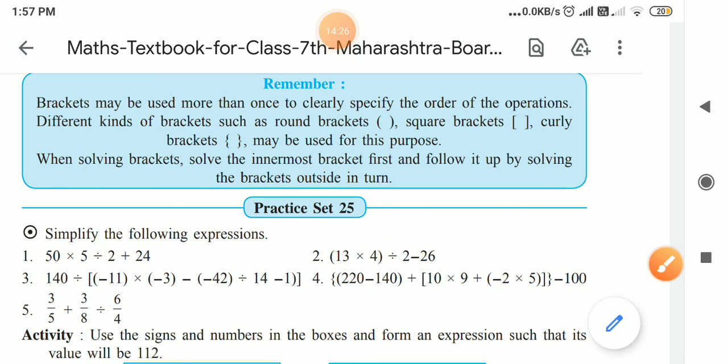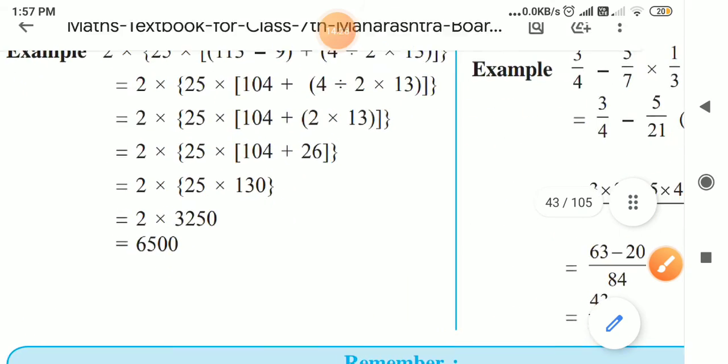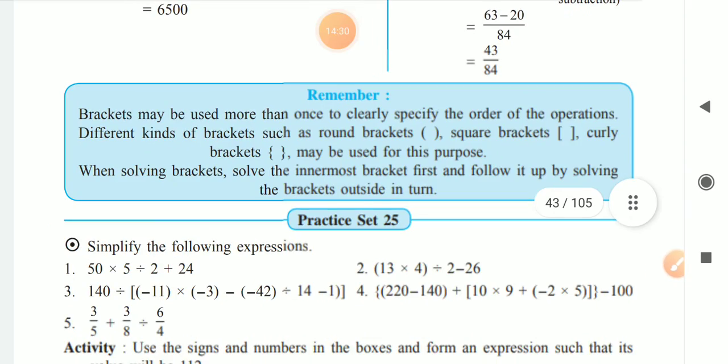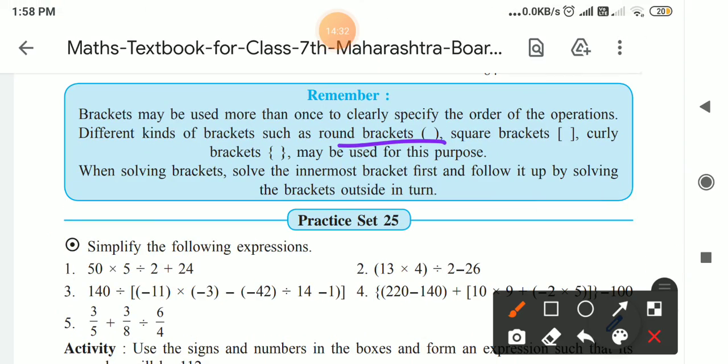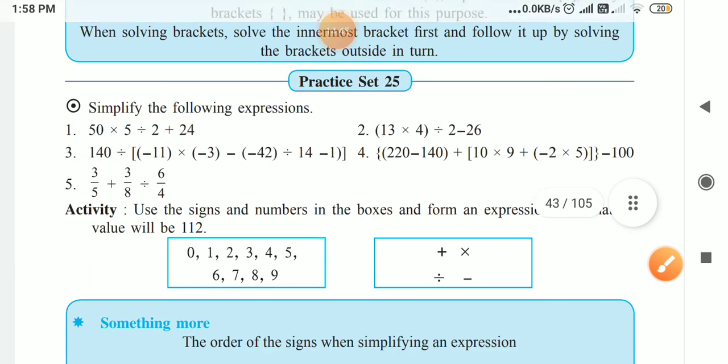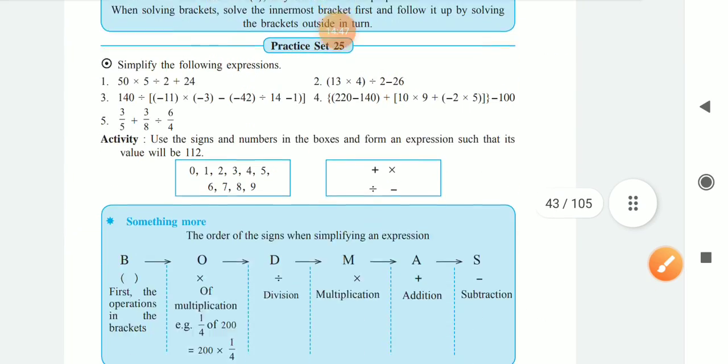In this example, more than one type of bracket came. So when such a condition comes, first solve the round bracket, then the square bracket, and then the curly bracket. While solving brackets, solve the innermost bracket first. The innermost bracket is the round bracket, then square, and then the curly.